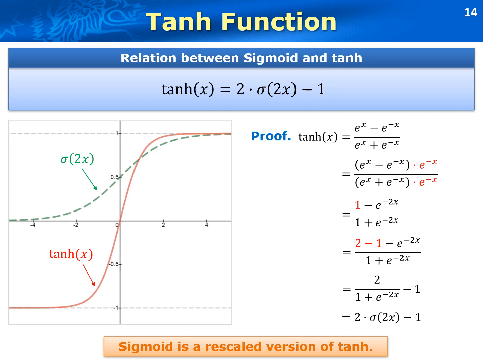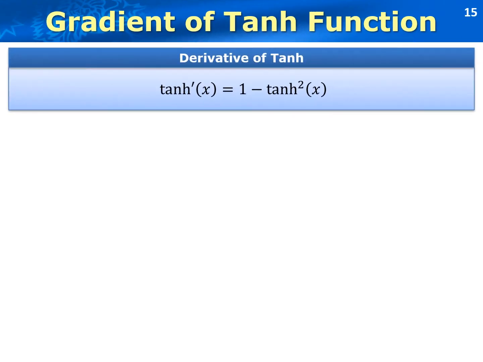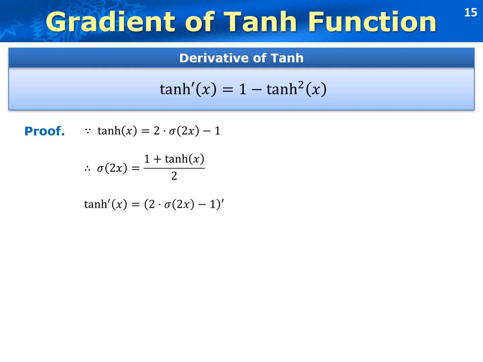Using this rescaling formula, we next show the derivative of the tanh function is 1 minus the square of tanh of x. To prove this result, we first employ the rescaling formula to express sigma of 2x in terms of tanh x. Then we take derivatives on both sides of the rescaling formula. We notice that the derivative of sigma of 2x is 2 times the derivative of sigma of x.